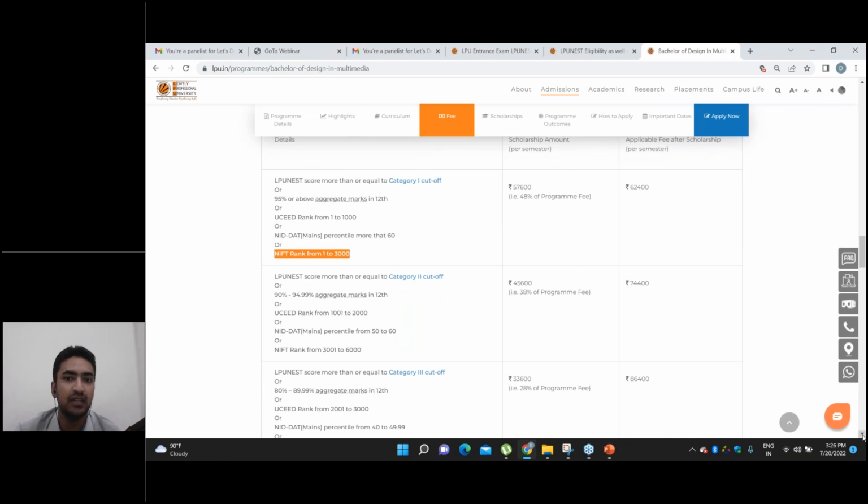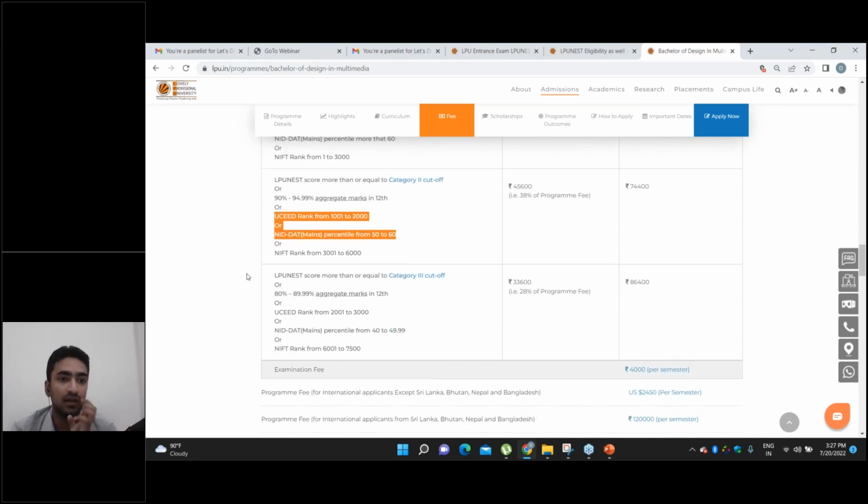The same applies with category 2 cutoff. It is clearly mentioned on my screen also. So category 2 cutoff in LPU Nest, or 90 to 94.99% in plus 2, or you have UCEED rank from 1001 to 2000, or NID, that means percentile from 50 to 60, or NIFT rank from 3001 to 6000.